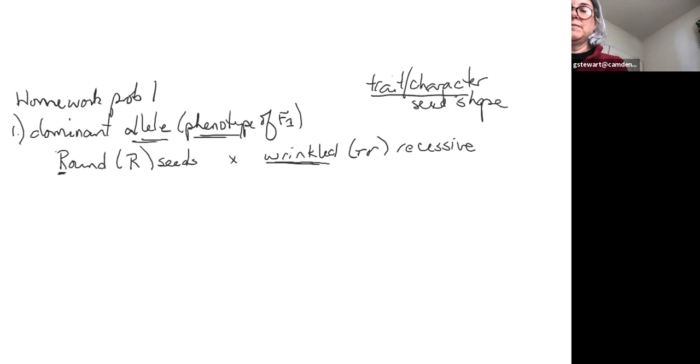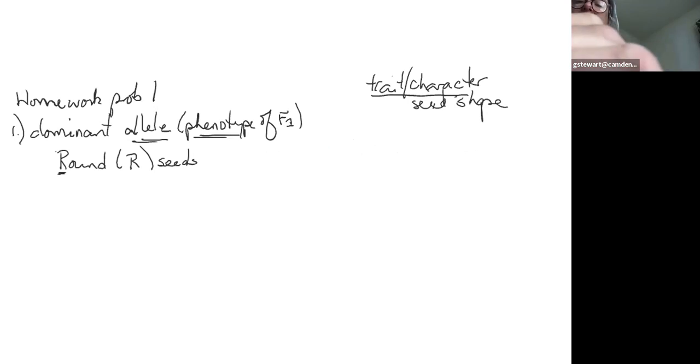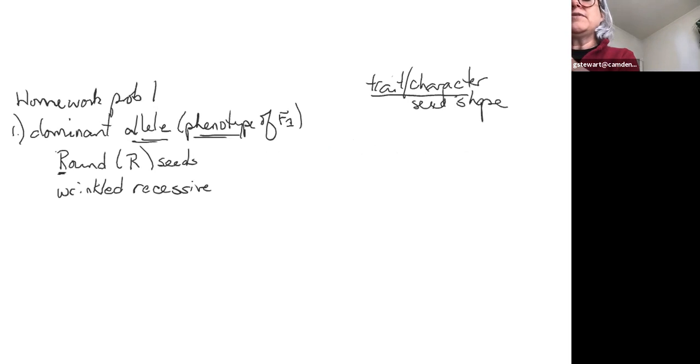Maybe I should erase that and start with, let's just leave it at this. Round seeds is dominant and wrinkled is the recessive. I find it helps sometimes if I put round with a blank, meaning round with either of the other alleles, either another capital R, if it's homozygous, or the heterozygous, if it has lowercase r.